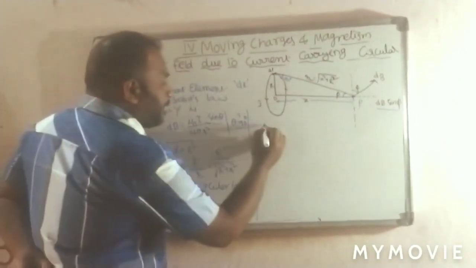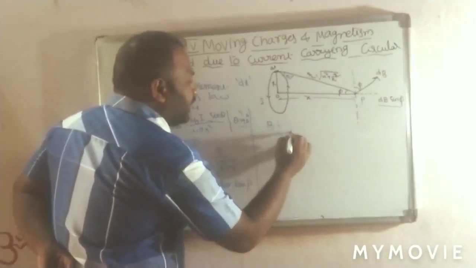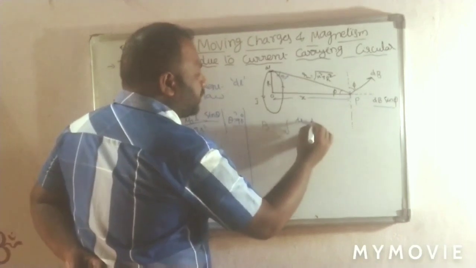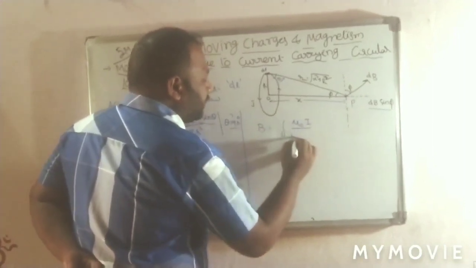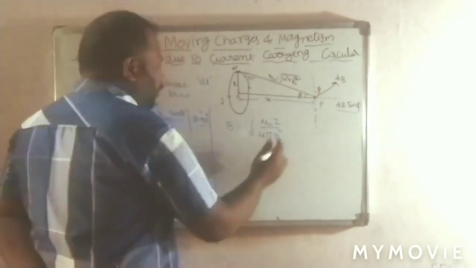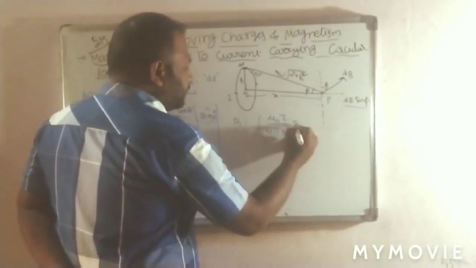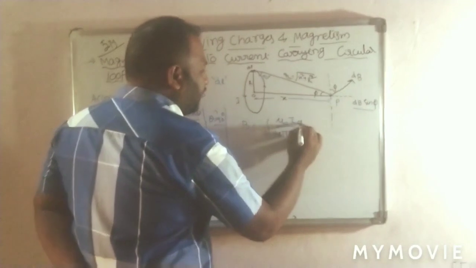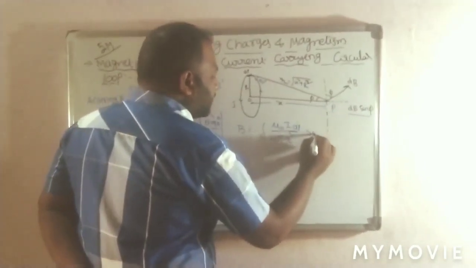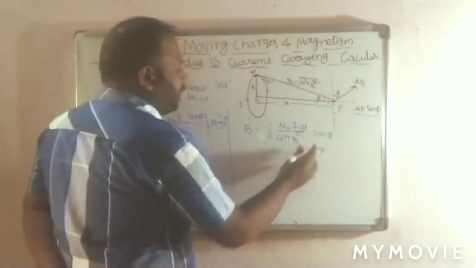So B is equal to integral of dB. What is dB? dB is mu naught I by 4 pi r square into dl into sin phi. Here what is sin phi?